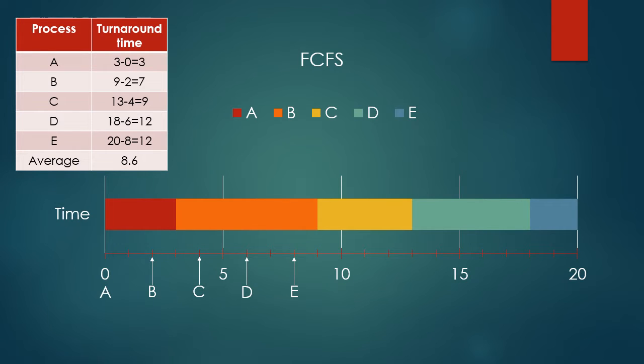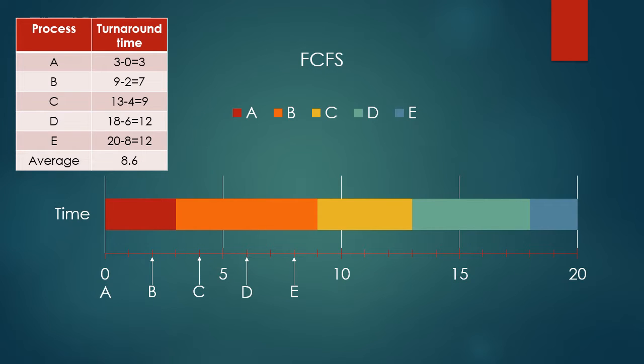The turnaround time of a process is calculated by subtracting its arrival time from the time instant when it finished execution. Here we look at the individual turnaround times of processes and the average turnaround time. A finished at 3, arrived at 0. So the turnaround time is 3. B finished at 9, arrived at 2. Turnaround time is 7.